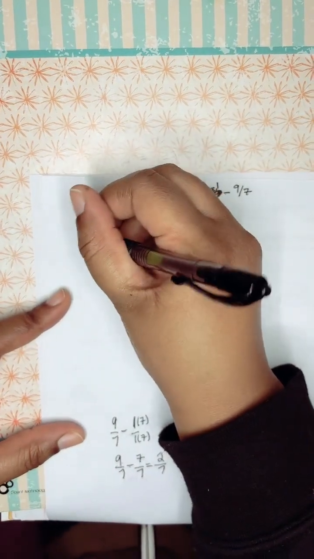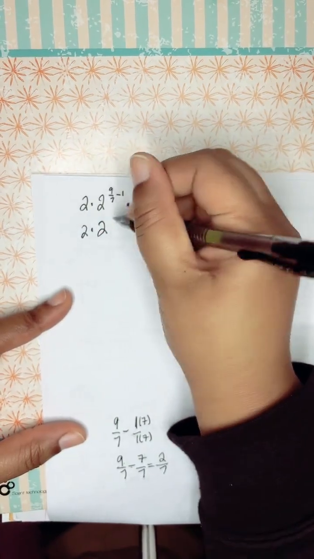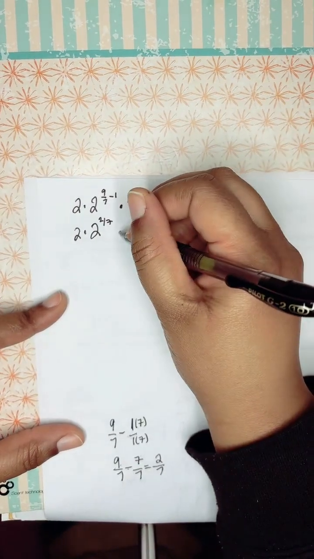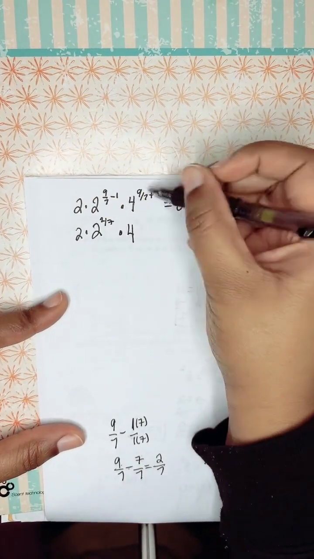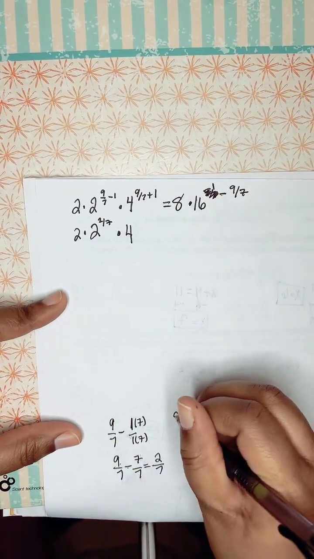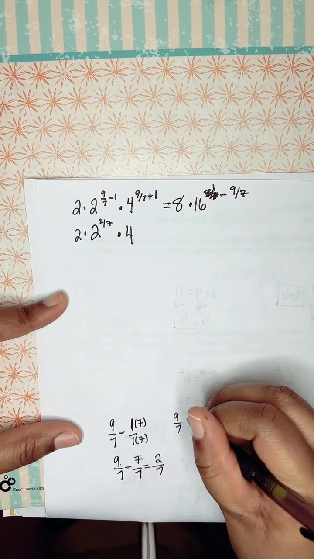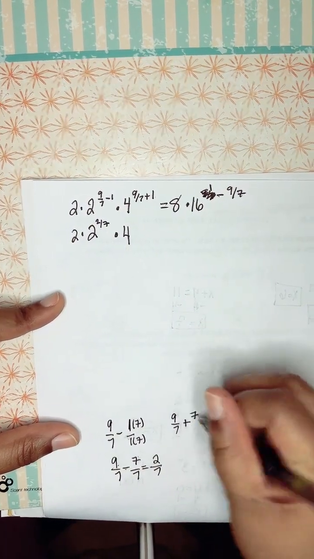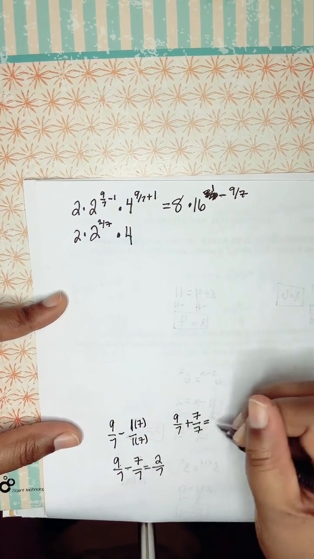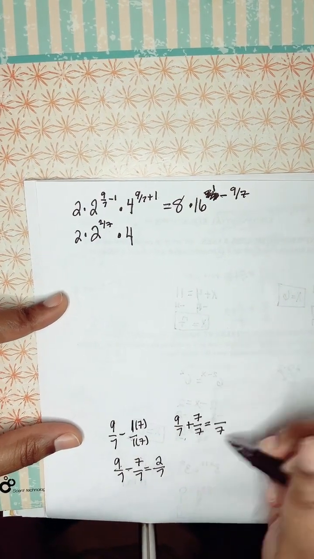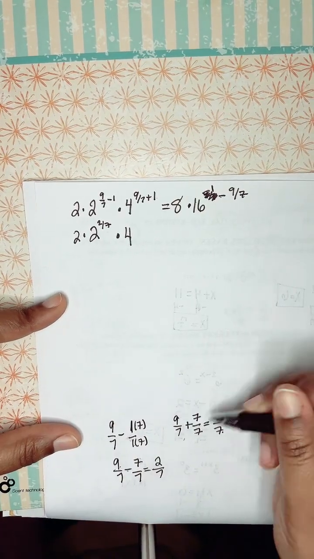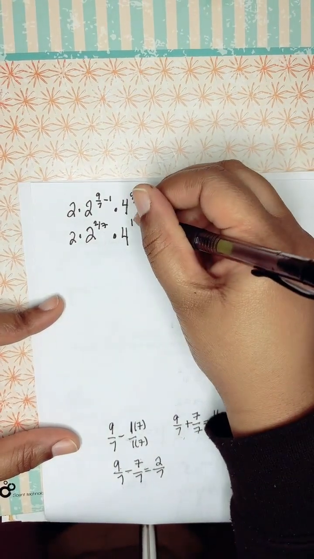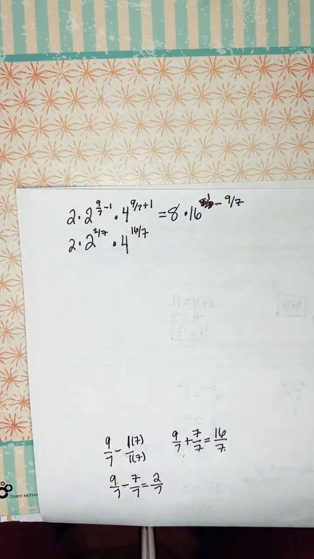So this is going to go to 2 times 2 to the 2/7, times 4. Now let's go here. Here we have 9/7 plus 1. Remember, that 1 is going to be 7 over 7. So that's why we're doing 7 over 7. Well, 7 is going to stay the same in the denominator always. But 9 plus 7 is going to give us 16/7. So we're going to get 16/7 here.